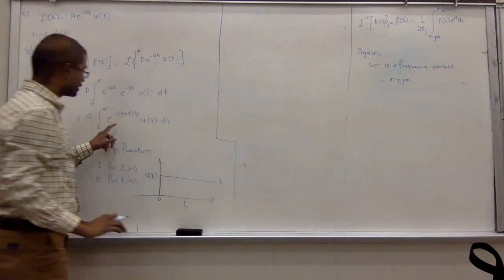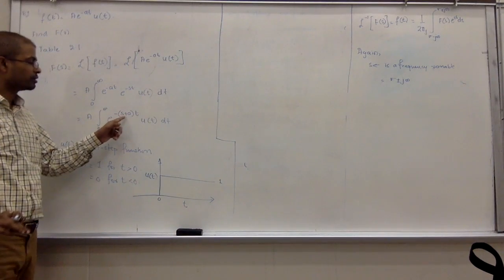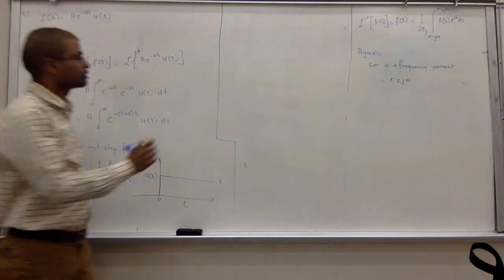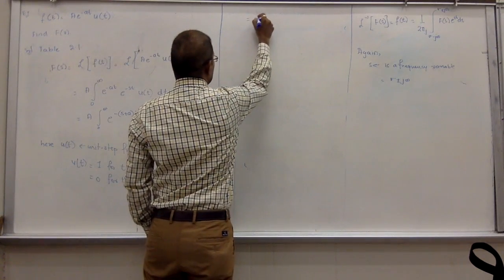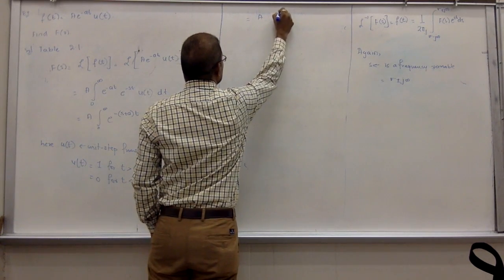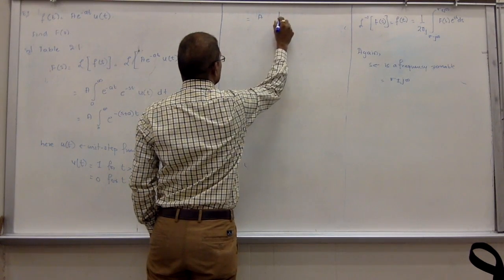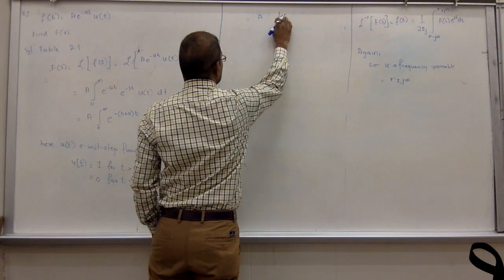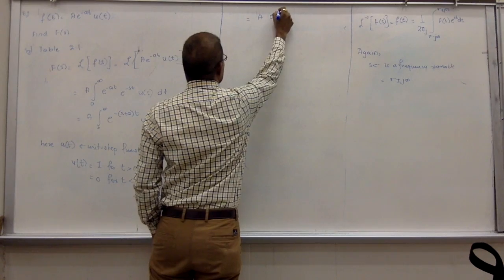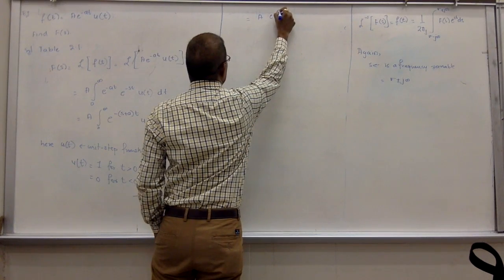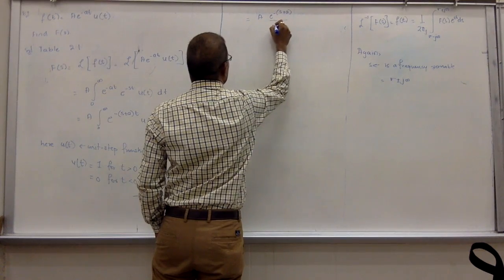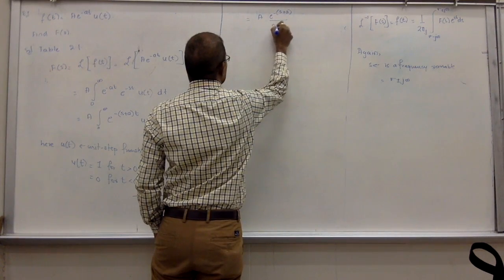So what is the integration of e to the power of minus (s plus a)t? Do you remember? It will be a into 1, it will still be e to the power of minus (s plus a)t divided by (s plus a).